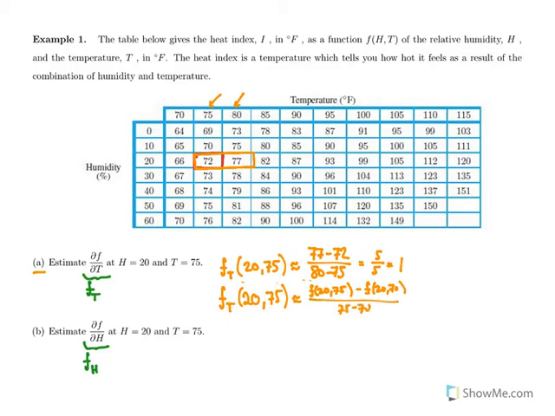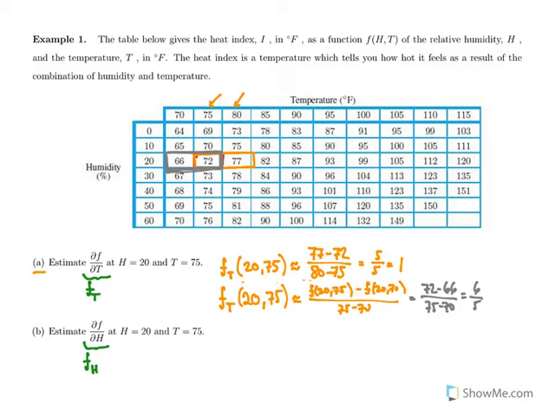Now what this is doing is looking at the value before that 20, 75. That's just as important as looking at the value after. So this would give us a 72 minus 66 over 75 minus 70, which would be a 6/5.